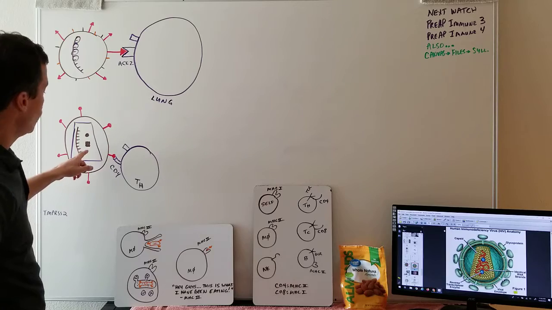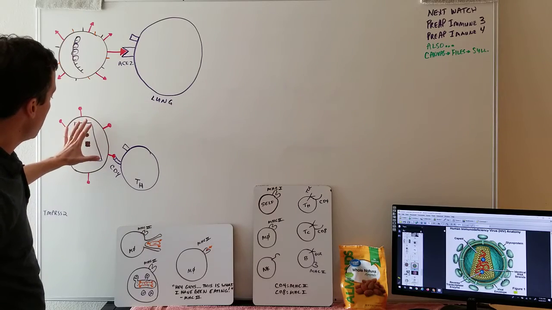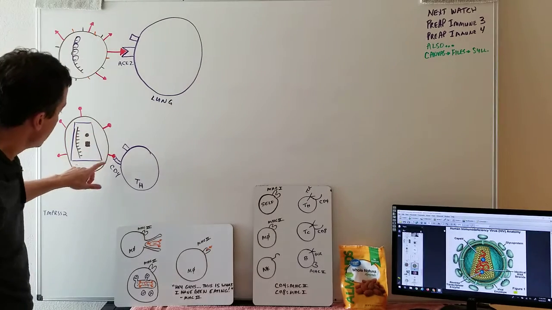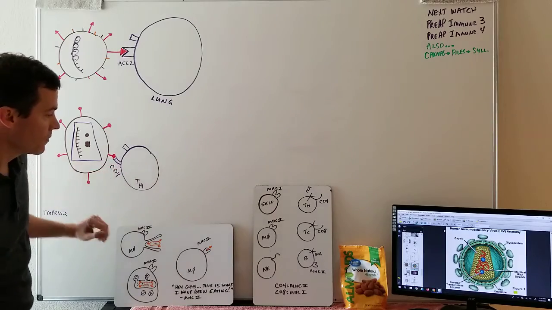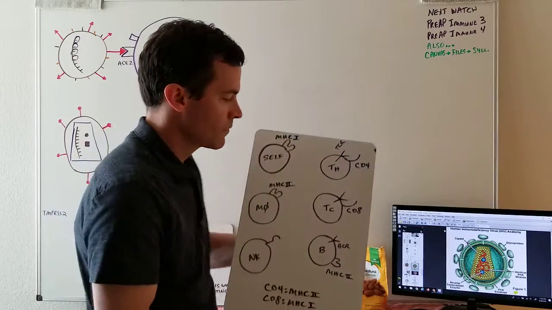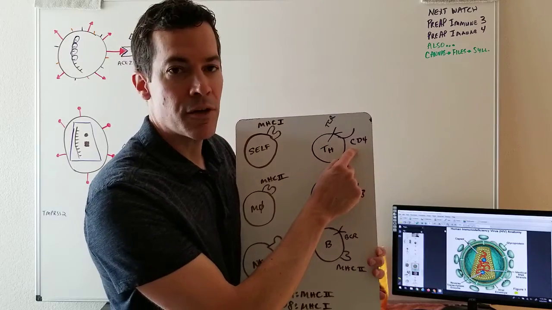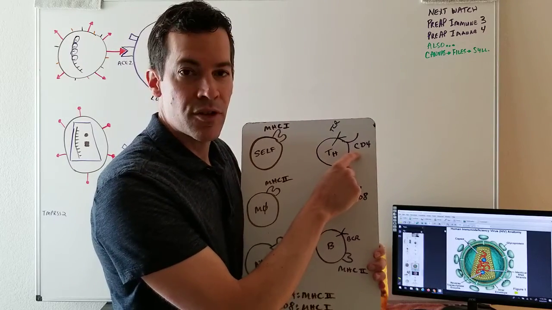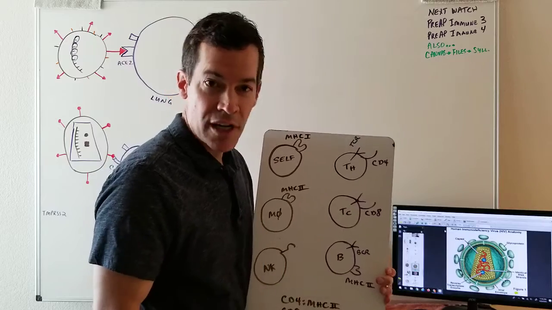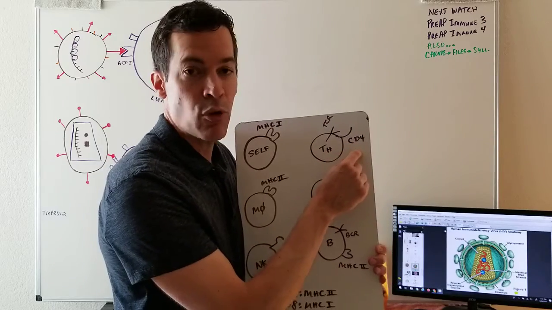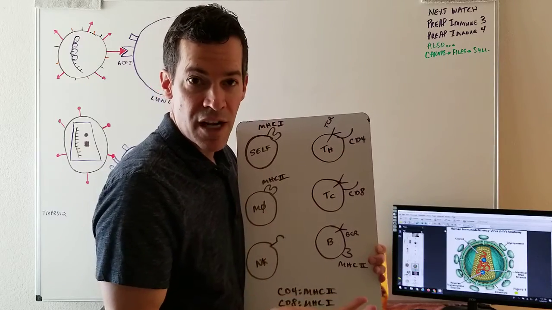So it turns out with the glycoprotein for HIV, it grabs on to CD4. You might remember CD4 from our previous video is held by helper T cells. There's some other cells that we don't even talk about here, dendritic cells, for example, that are also CD4 cells. So those can also be invaded by HIV.